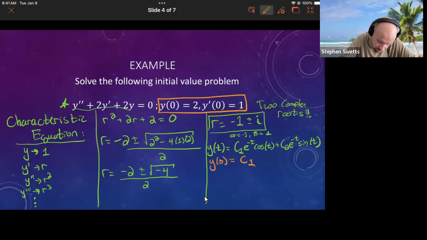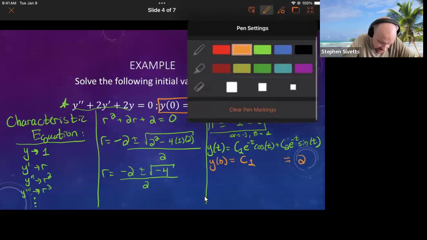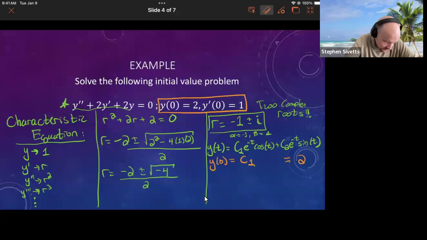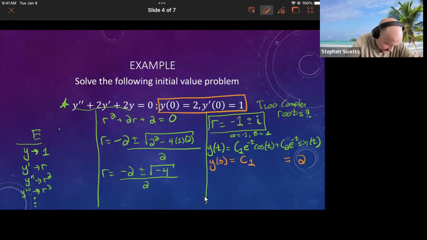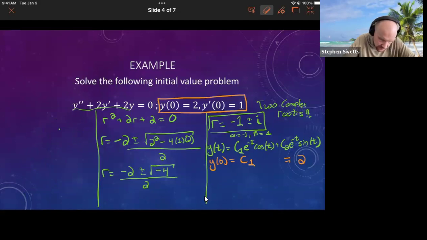So we'll have C1 plus 0 equals 2. And the challenge here is solving for the other constant.